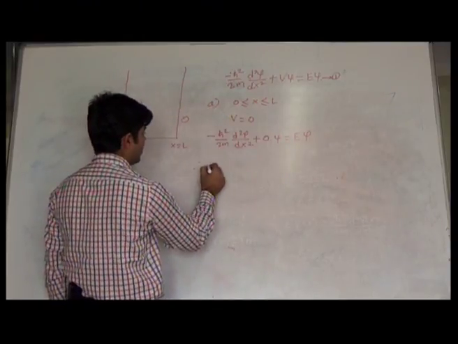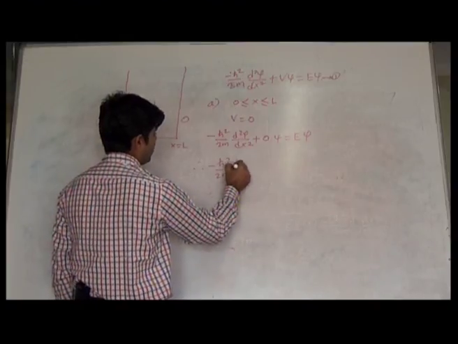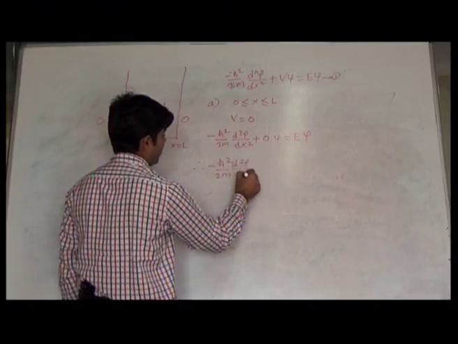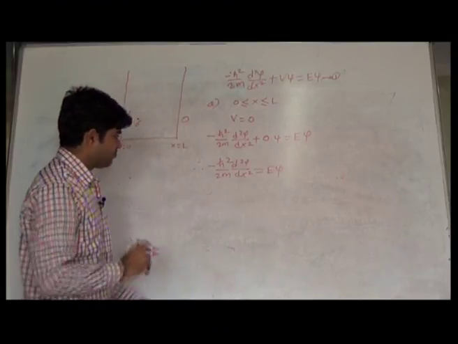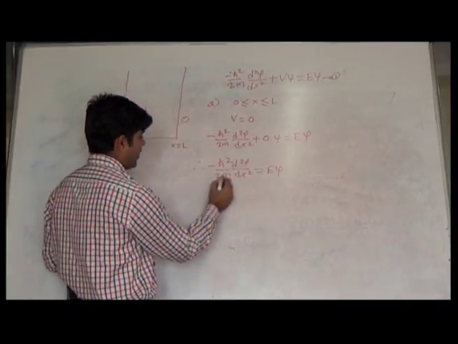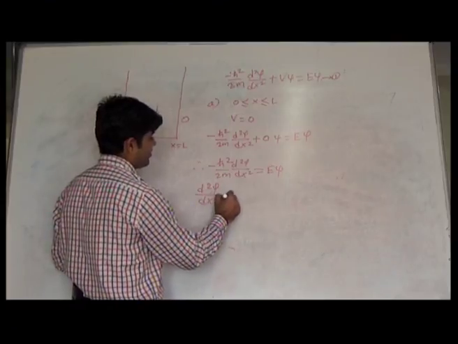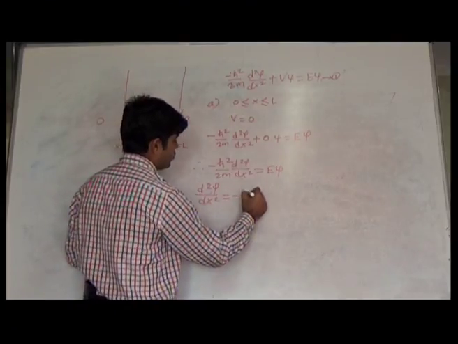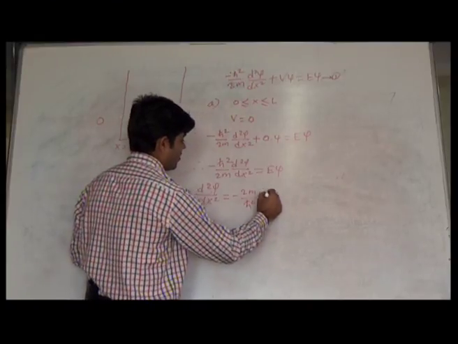Therefore, finally, minus h cross square upon 2m d square psi upon dx square is equal to E psi. This is the differential equation. We can rearrange this equation this way: d square psi upon dx square is equal to minus 2m upon h cross square E psi.